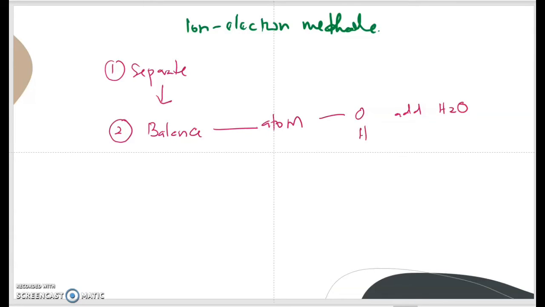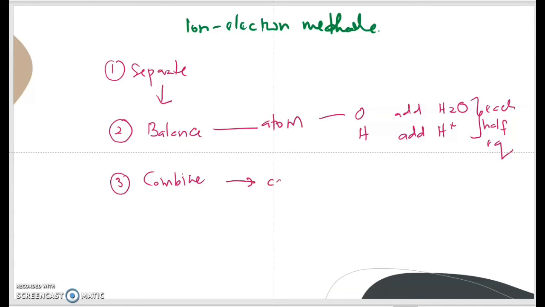If you don't have enough hydrogen, you add H+. This is for each half equation. After that, you combine. After you combine, you want to cancel electron.